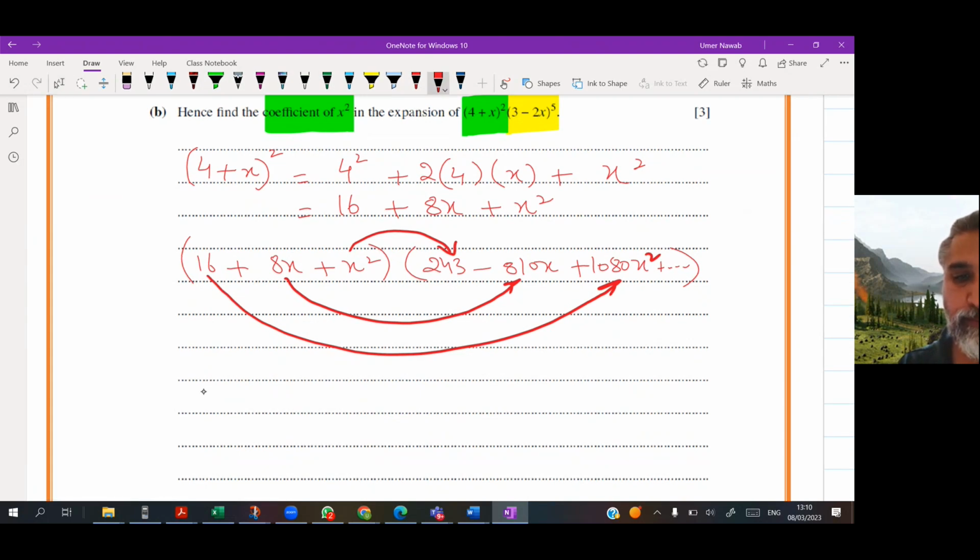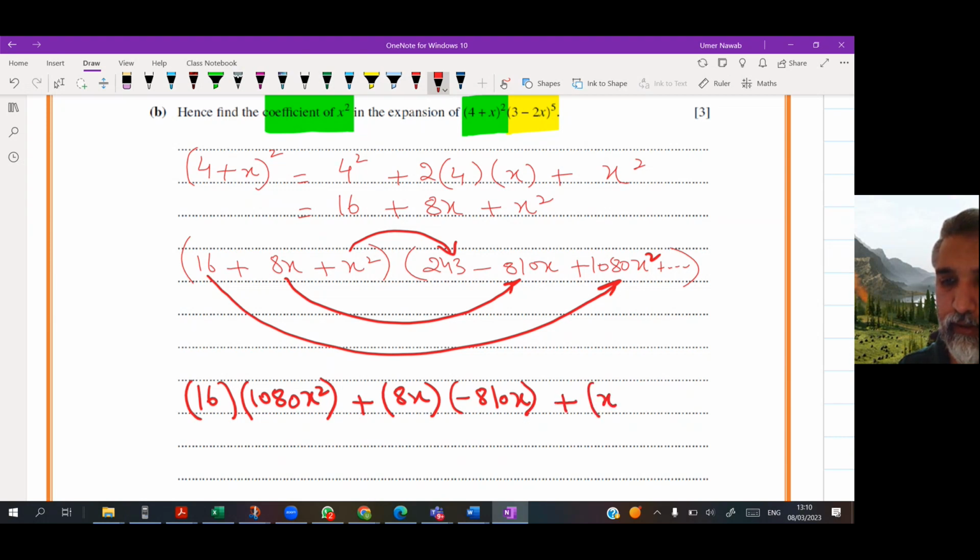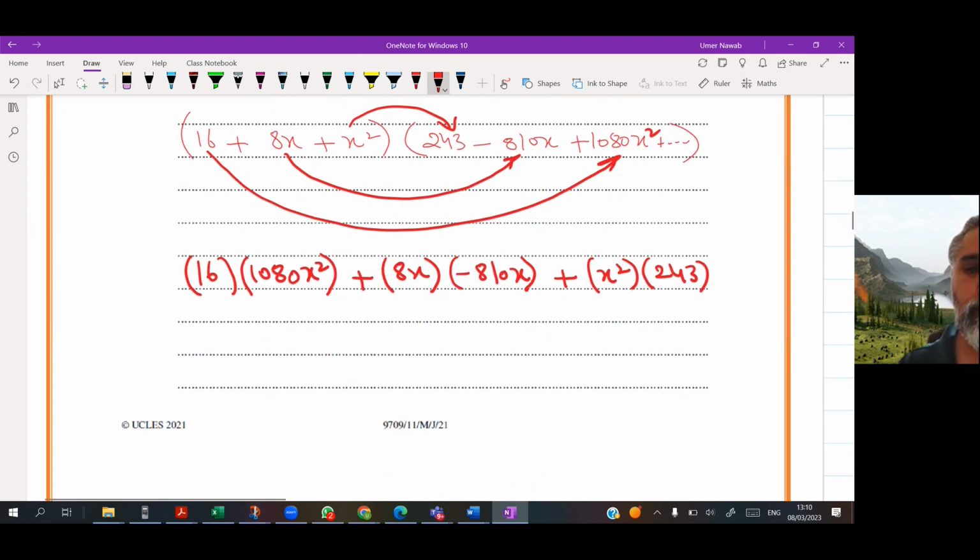So 16 multiplied with 1080 x squared, 8x multiplied with minus 810x, and x squared multiplied with 243.